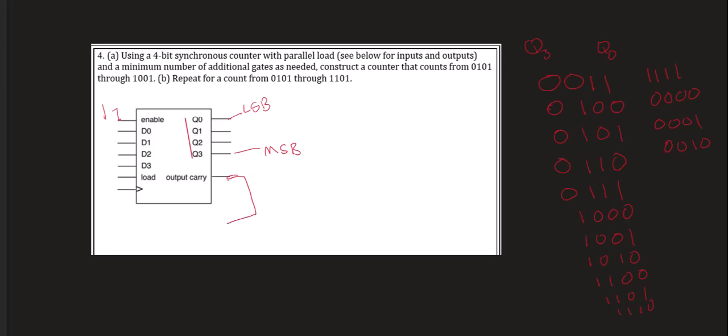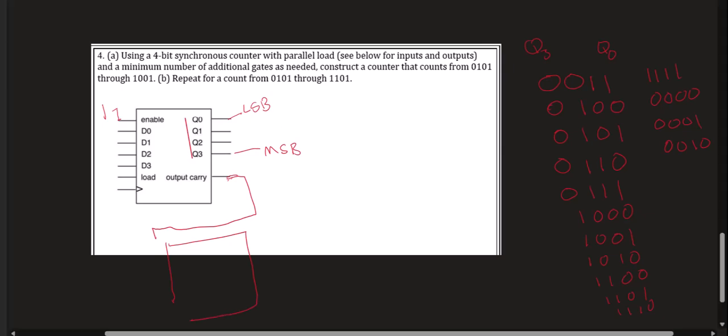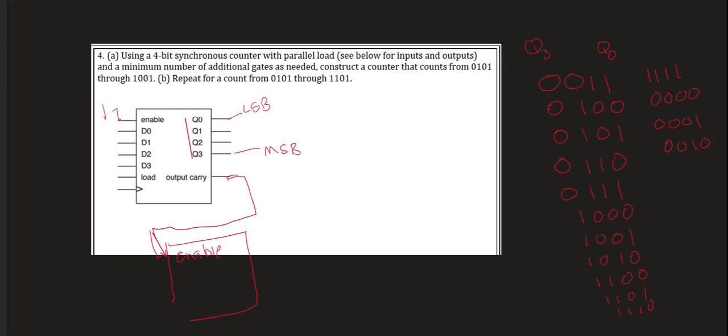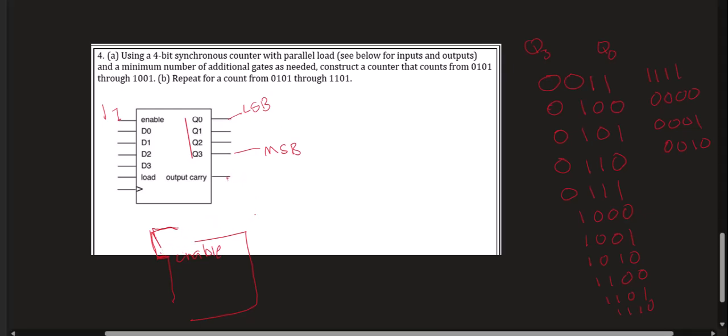If I was chaining these together to make an 8-bit, which is not part of this problem, but just in case you wanted to know, you make the carry on this one enable the second one, and then that makes it have the higher order bits. But that's not what we're having to do on this one. I was just telling you why they were there.